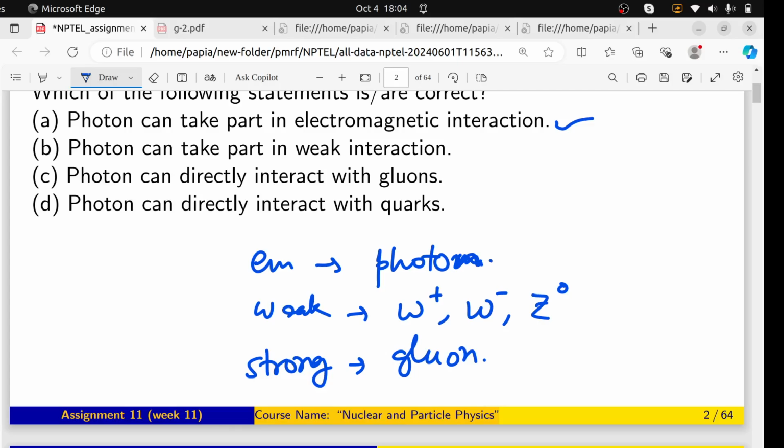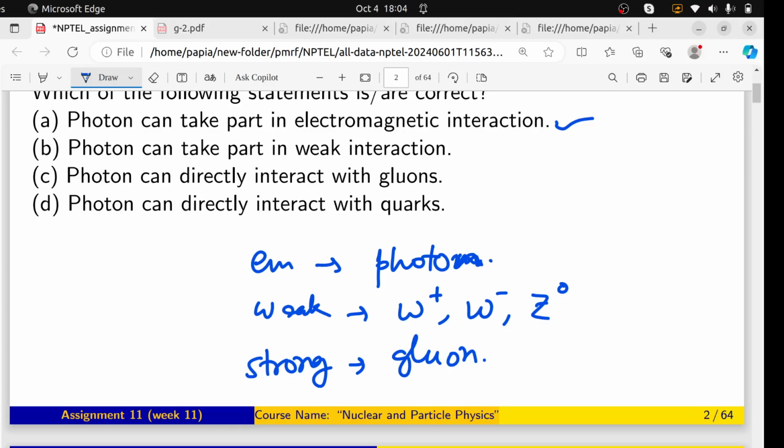Now, option B: photon can take part in weak interaction. As I already said, the weak interaction mediators are W plus, W minus and Z0. But it is not the only constraint that only these three bosons can participate in weak interaction. Particles which take part in weak interaction should have weak charge.